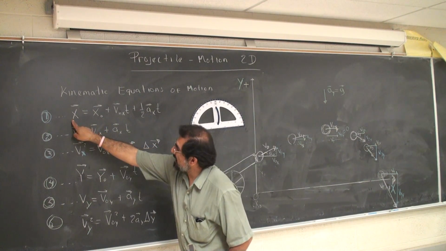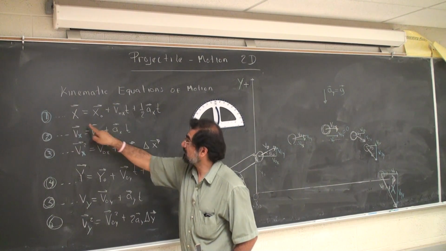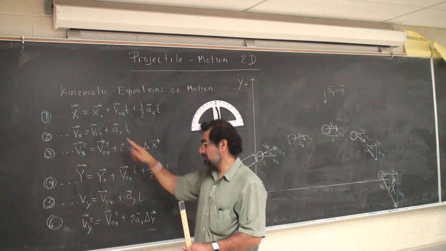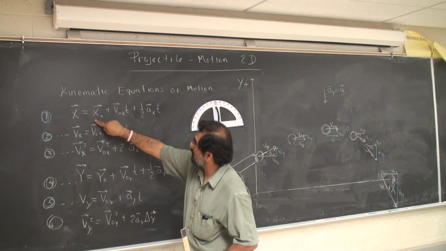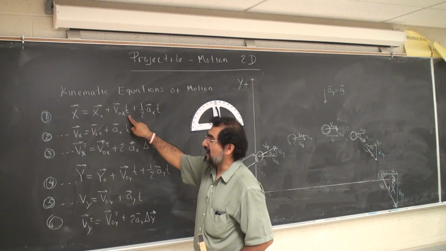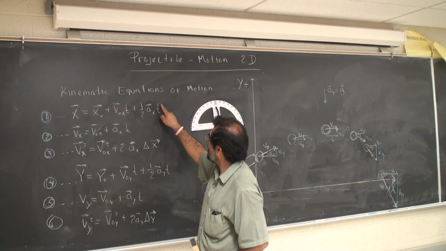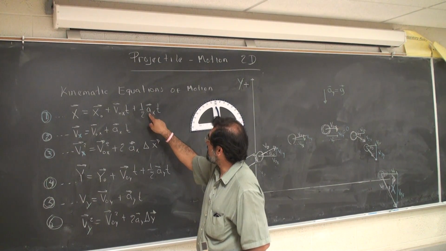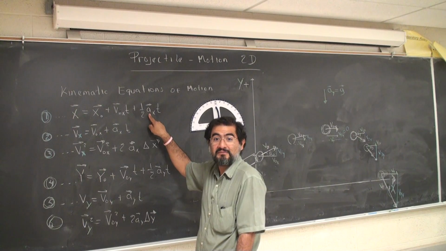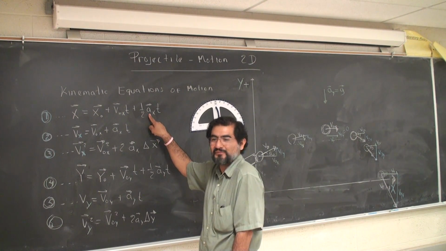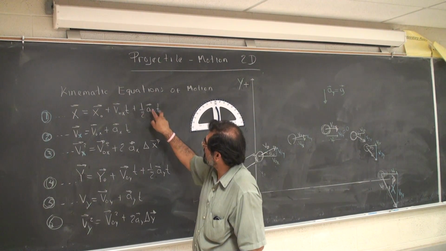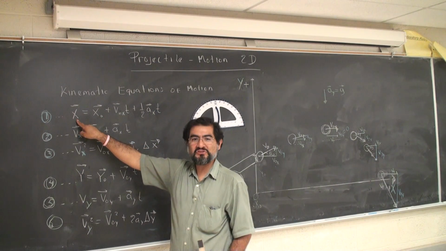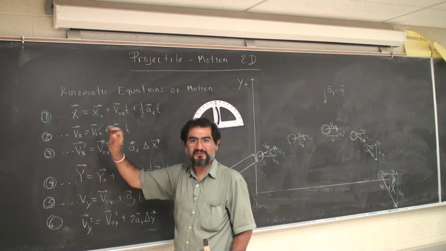So, x is the value that we want to know. X initial, we already define as 0. Time is time 0. And the acceleration in x, in fact, we don't have; it is also 0. It doesn't exist. So anything times 0 is 0. So my position in that instant is going to be 0.